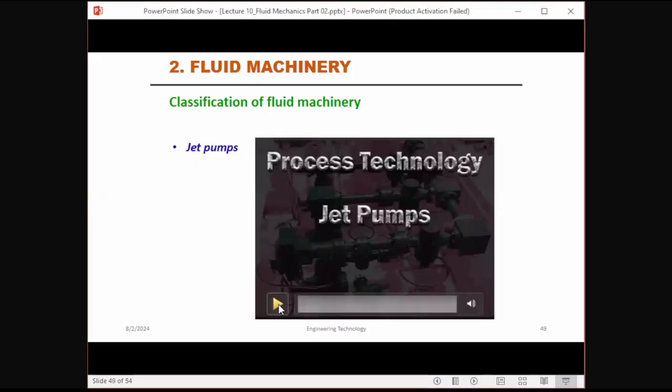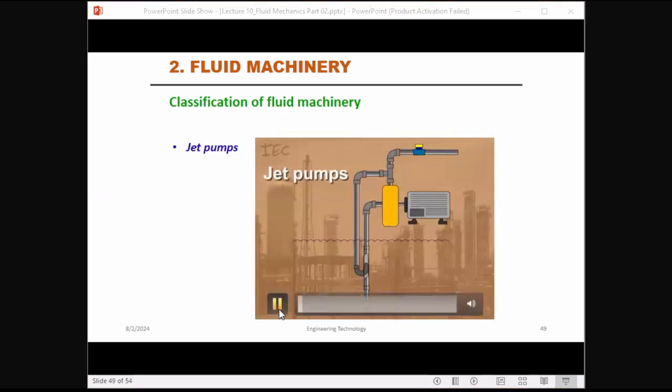I will show you a video regarding this jet pump. A jet pump is used to... Can you hear a voice in this video voice? Can you hear video voice? lift liquid from Can you hear my voice?